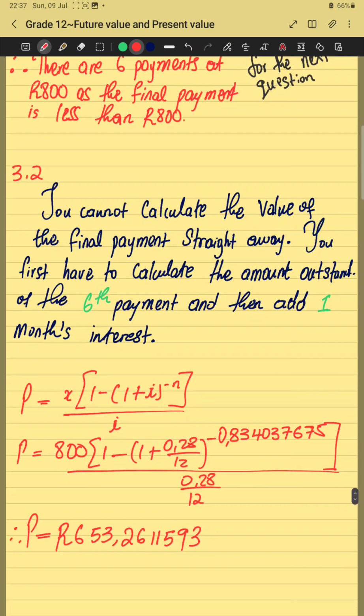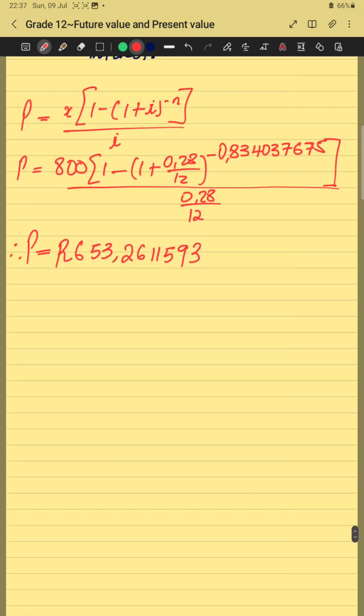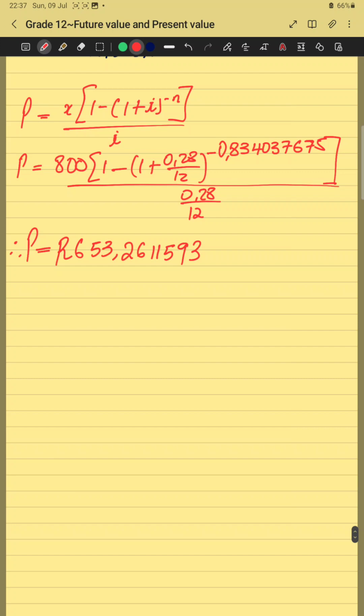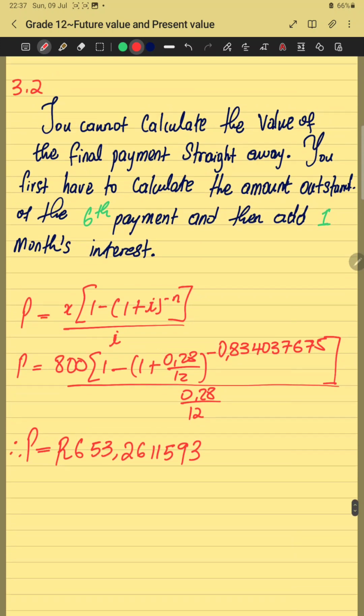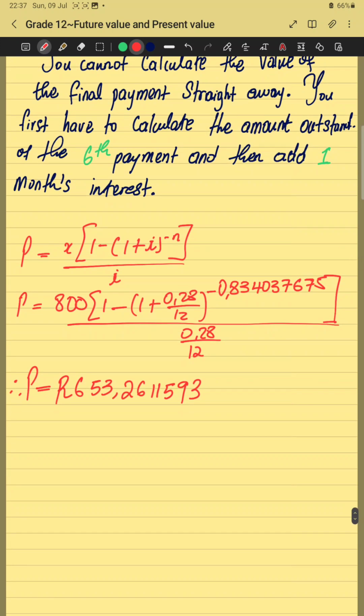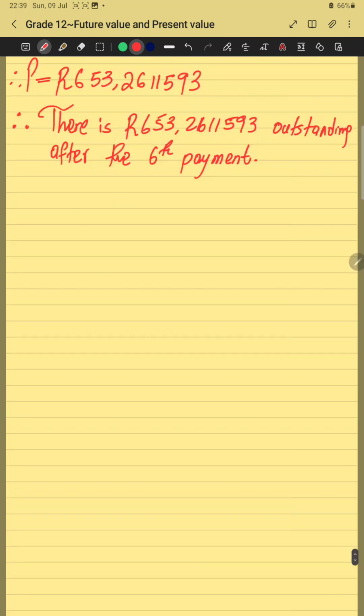We want to know what will be the final payment. So if you have not yet calculated the final one, you do not round off your decimal places after the comma, you just copy everything as it is. Okay, so now let's just do a conclusion here. Then this is our conclusion.